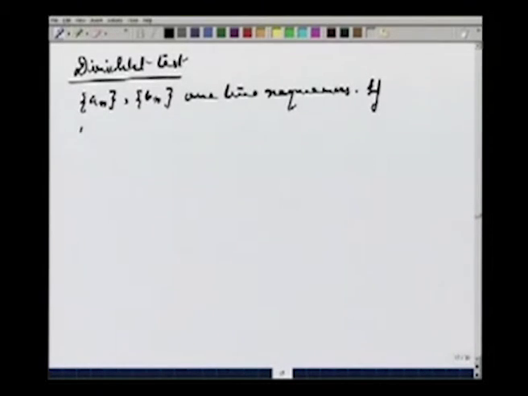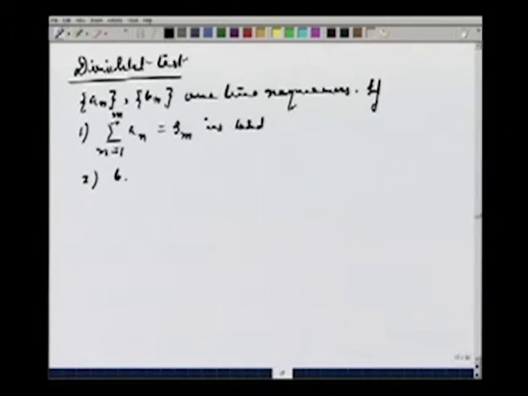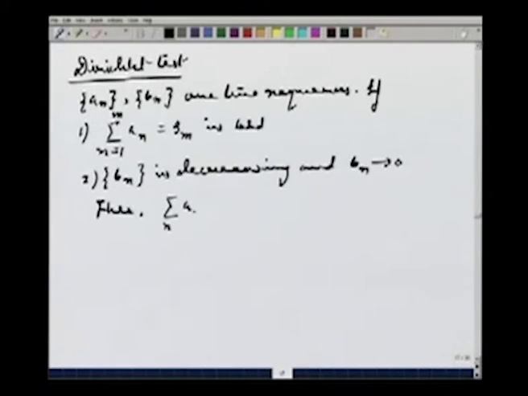If number 1, the summation n from 1 to m of an, which I call Sm, is bounded, that means the partial sums of an form a bounded set. Number 2, bn is decreasing and bn converges to 0, then the summation over n of an bn converges. This is called the Dirichlet test.